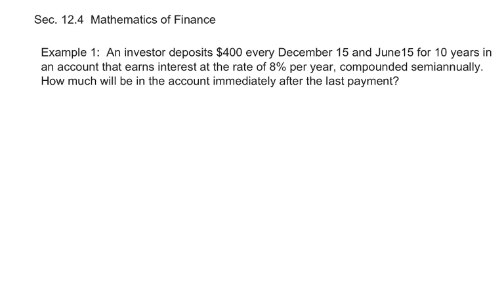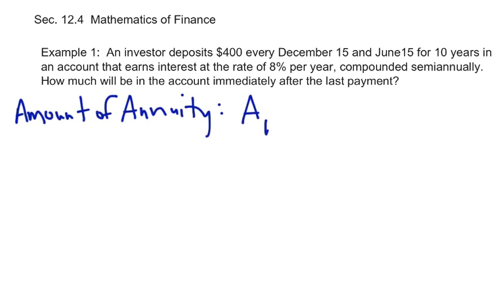In section 12.4, we talked about the mathematics of finance, and we worked with this formula for finding the amount of an annuity. A sub I is equal to R, where R is called the periodic rent.